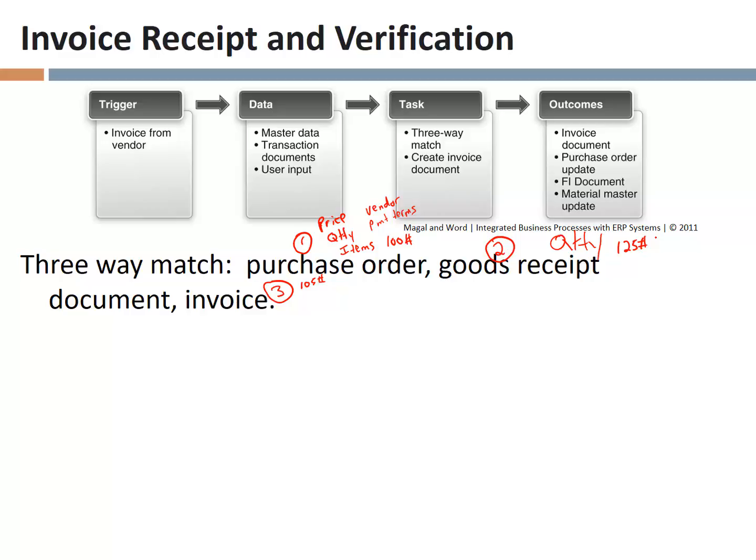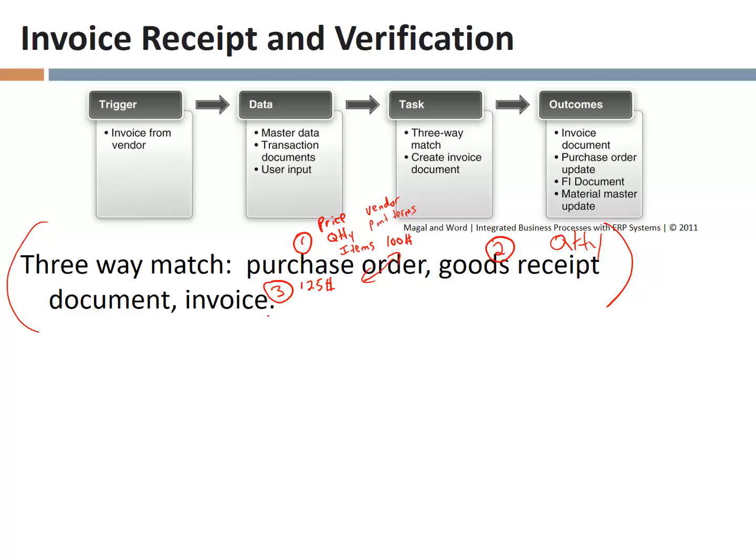You know, we're not accepting that item. But nonetheless, certainly if the invoice shows 125 pounds and we ordered 100 pounds, now we have a discrepancy here. So the whole point of the three-way match is to make sure that these documents are consistent.